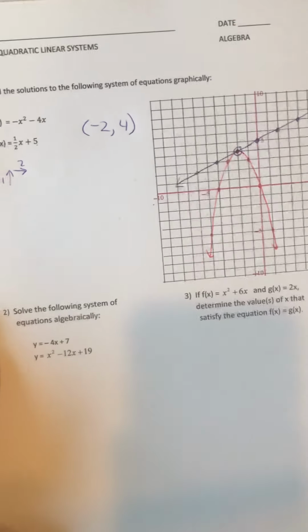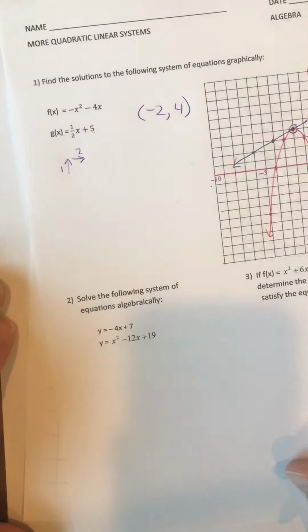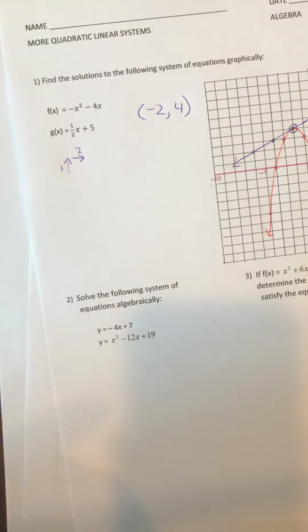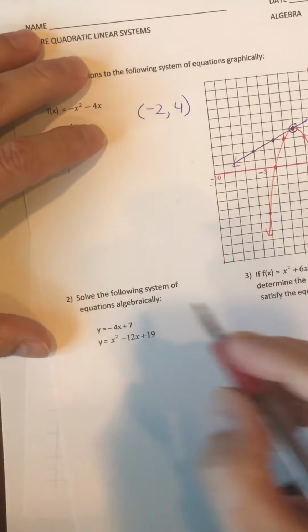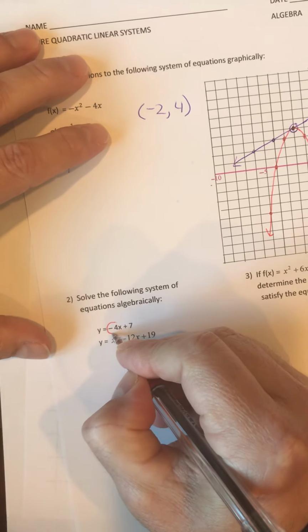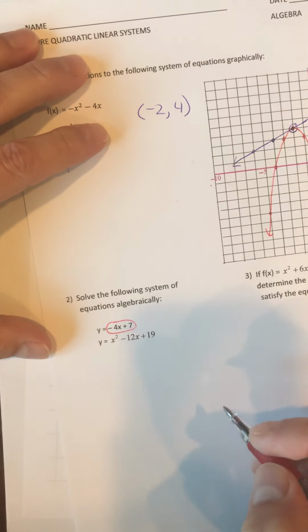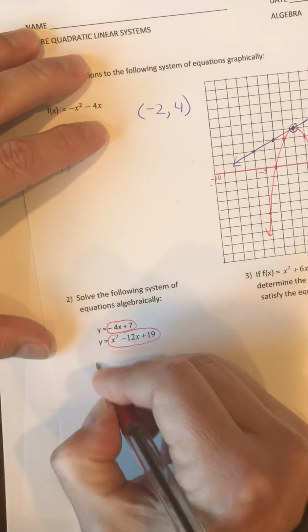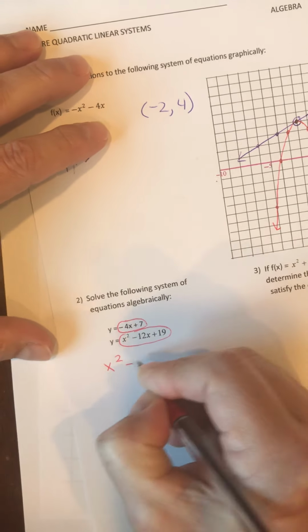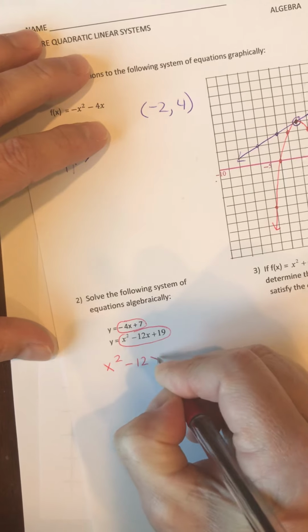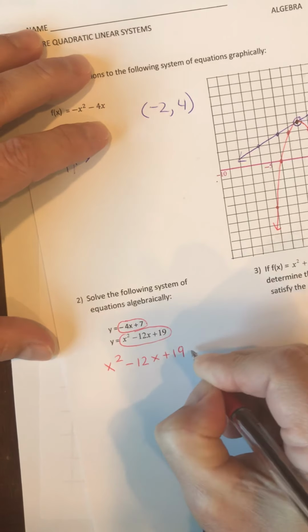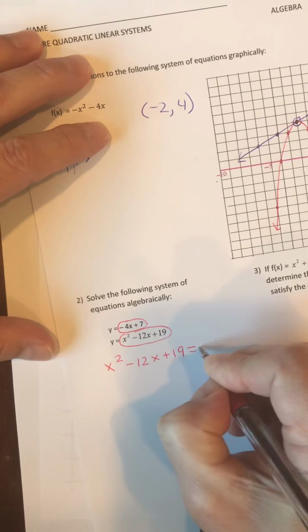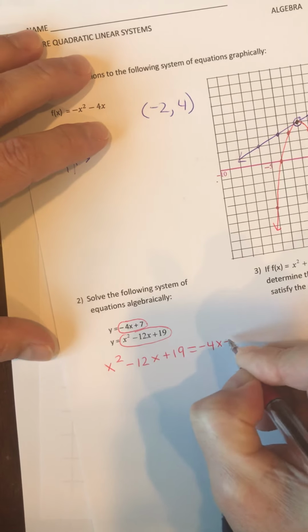We're also going to practice solving it algebraically. What you want to do for algebraically, again, remember, is set the two equations equal to each other. So I'm going to take that expression and make it equal to this one. x squared minus 12x plus 19 equals -4x plus 7.